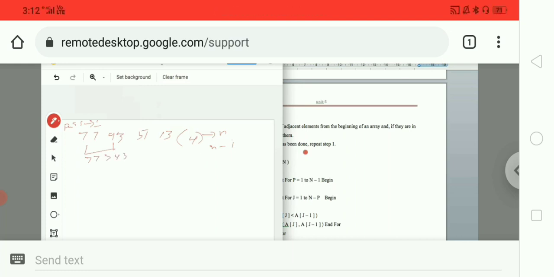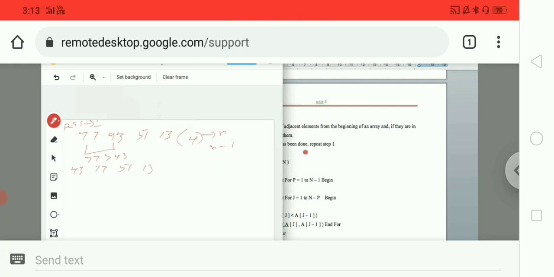In sorting we have to sort in ascending order, that means the first element must be smaller than the next element. Here 77 is larger than the second element. So whenever an element is greater than the next element, we have to swap those two elements. We already know what swapping is. So 43, 77, 51, 13.